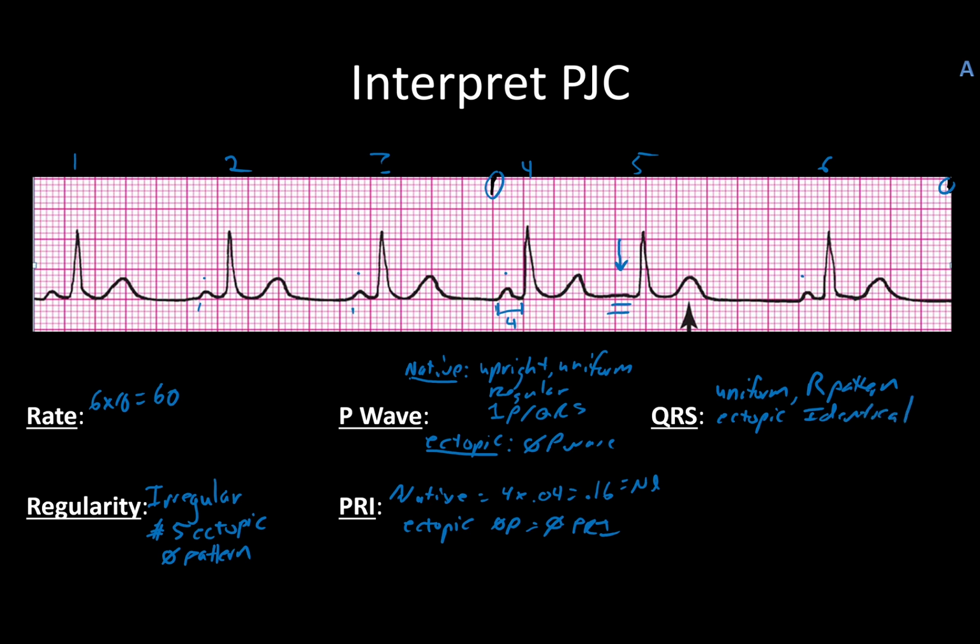That just leaves us with a really quick measurement, and we'll go ahead and take this one here and say that we are about 2 boxes. So 2 times 0.04 equals 0.08.